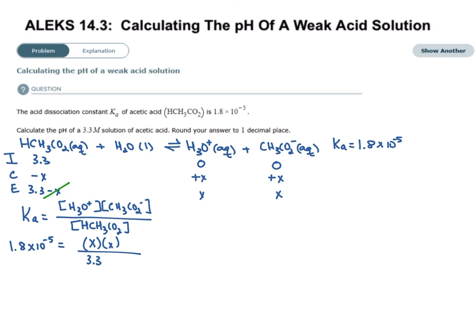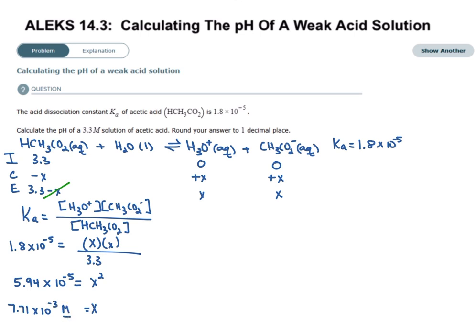Let's clean this up. So we're going to get 5.94 times 10 to the negative 5 equals x squared. We're going to take the square root of both sides. We're going to get 7.71 times 10 to the negative 3 molar.